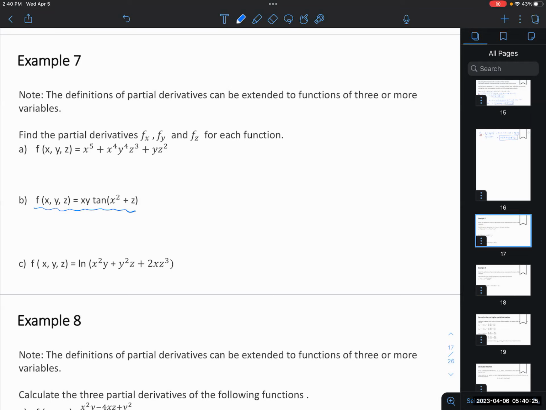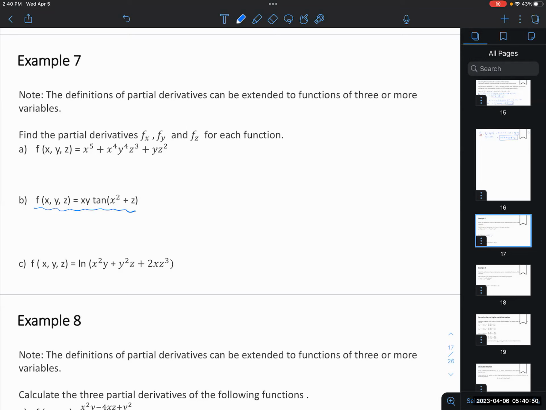So here, what do you guys think? We have xy tangent x squared plus z. And then what's happening? You have an inside and something going on. So it looks like more than two variables are multiplied with each other, so you might consider the product rule.